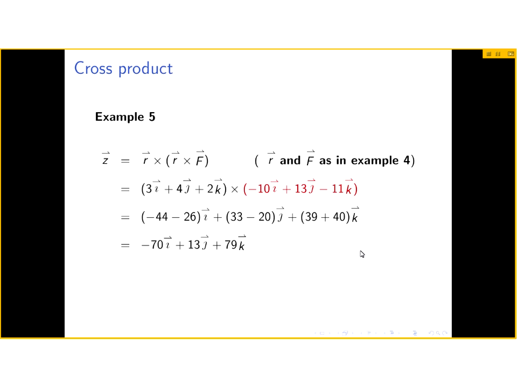The important point I'd like to stress here is that this result is not the same as the double cross product of R with R cross F. Because in this double cross product, R cross R is a 0 vector, and then a 0 vector cross F is a 0 vector. So it's important to realize that the moment I have a double cross product or multiple cross products, it is extremely important that I indicate the sequence in which these cross products need to be calculated.